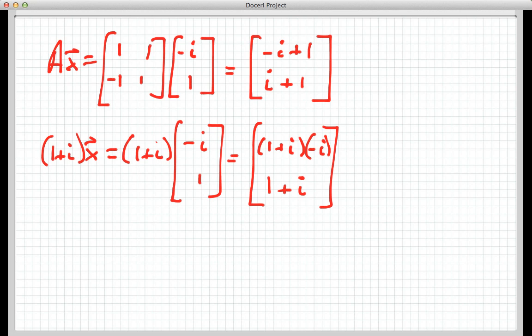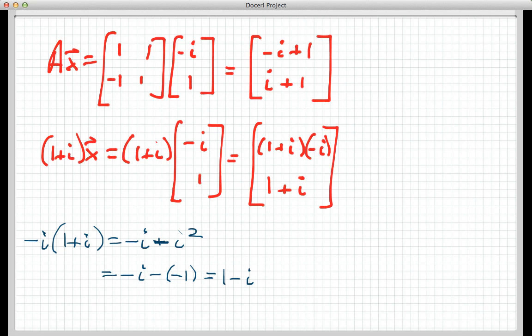Let's move down to the bottom left here and work that out. What is minus i times 1 plus i? Let's just multiply through. This is negative i minus i squared. We've already seen that i squared is negative 1, and so I have negative i minus a negative 1, which is, if I do a little simplifying here, just going to be 1 minus i.